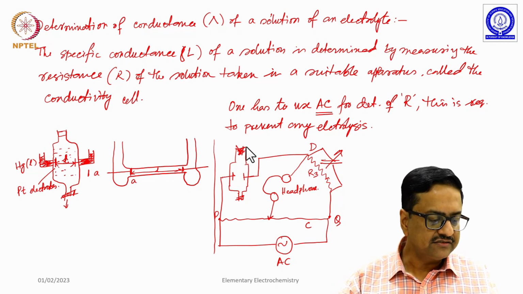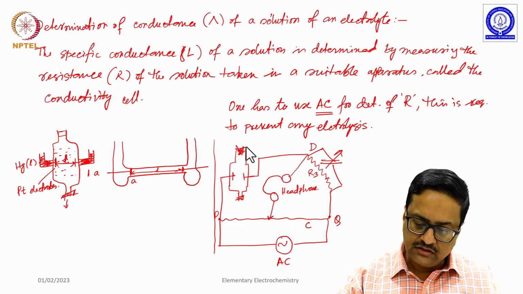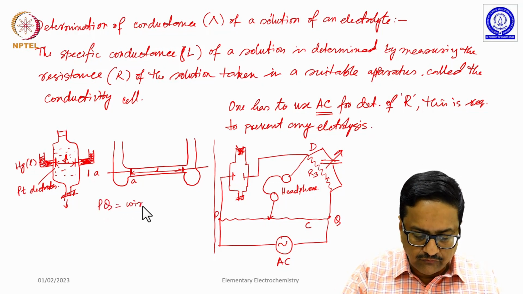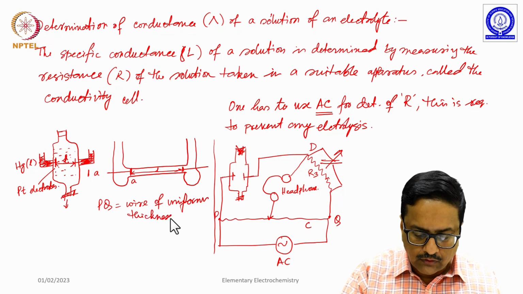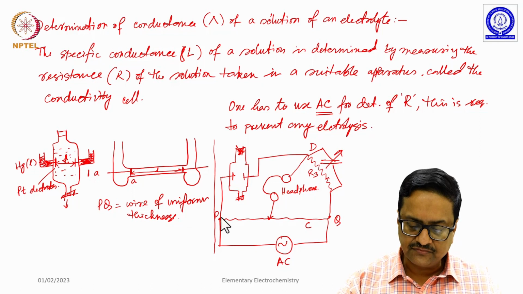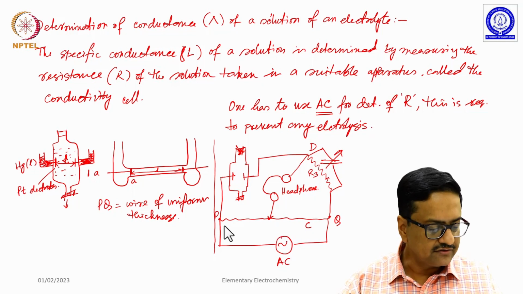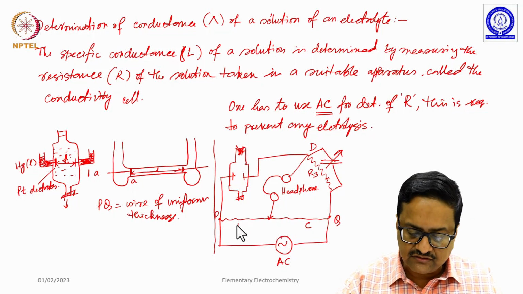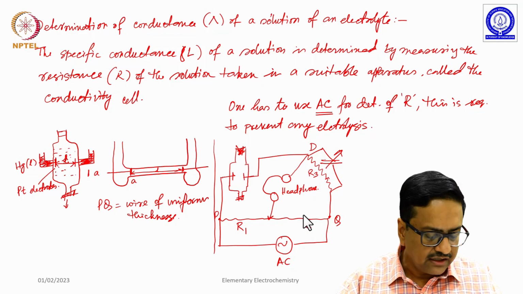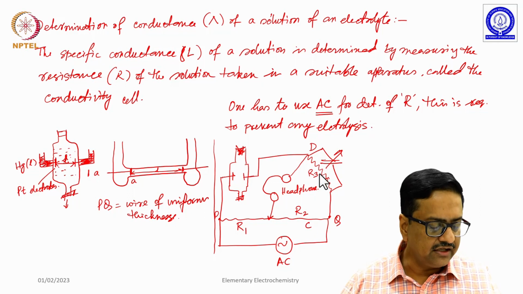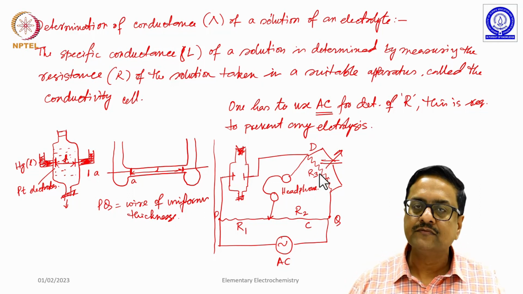Now this PQ is a wire of uniform thickness, that is, the resistance of this wire increases as the position is changed. Suppose the resistance of the left hand side is R1 and the resistance of the right hand side is R2, and R3 is my variable resistance.